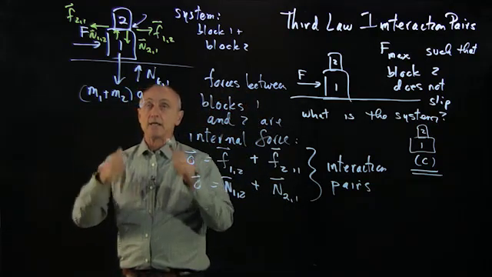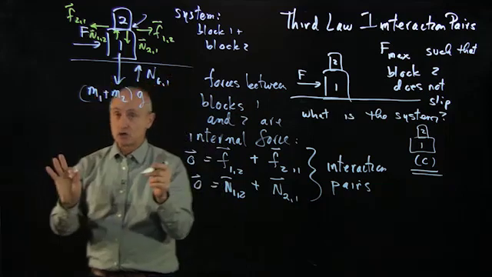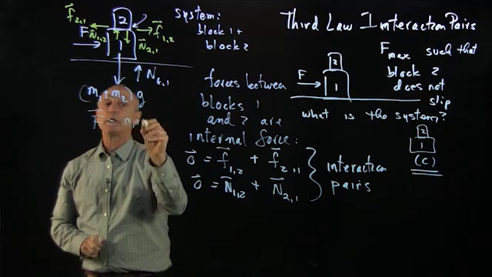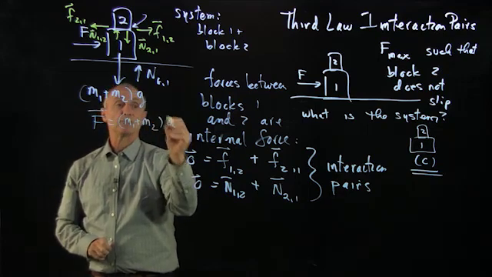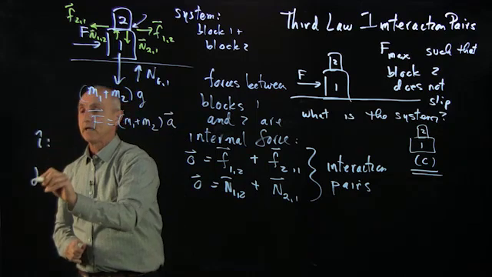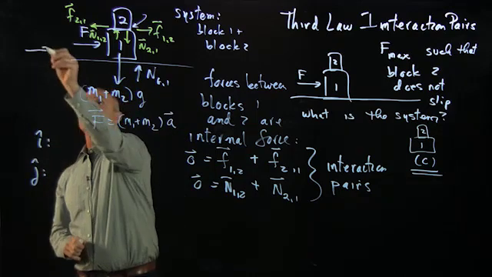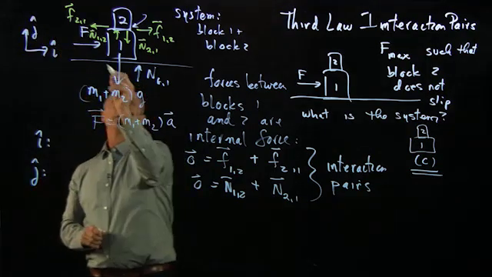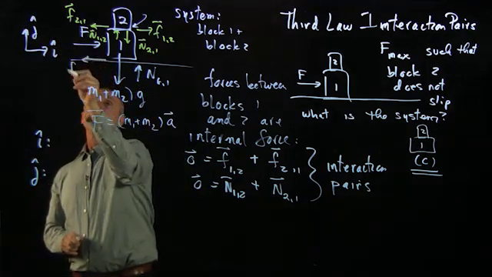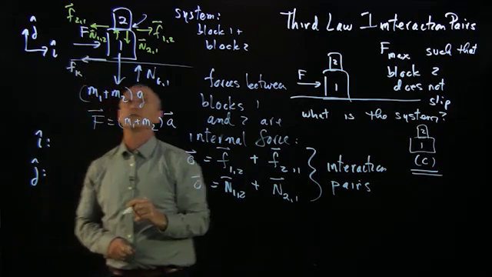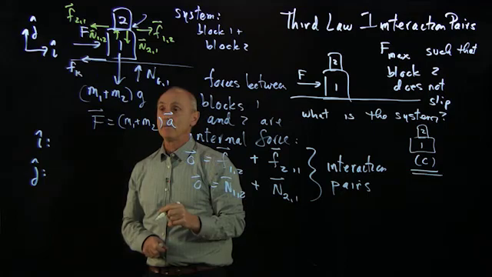And again, this enables us to just write F equals m1 plus m2 times the acceleration of the system. And so we have our i hat and j hat directions. Now we didn't include the kinetic friction force of the ground in that system, so let's make sure that's there.